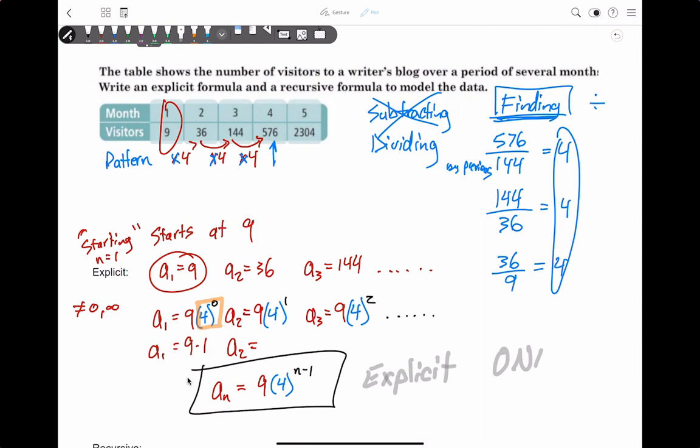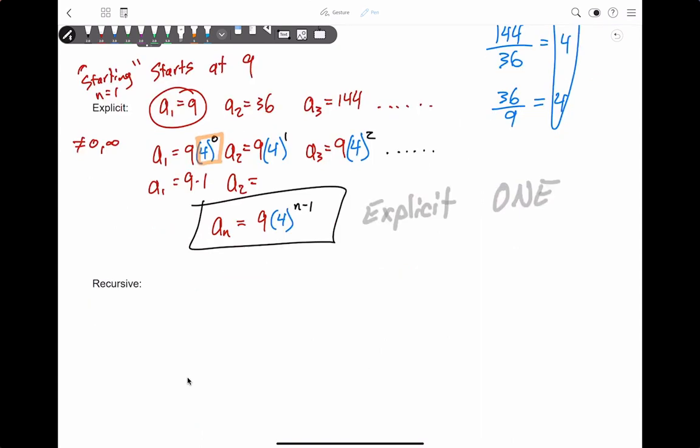All right. But for the recursive formula, we need 2 equations. We need the first term, which is 9, and then we need the nth term. So this would be any case scenario.